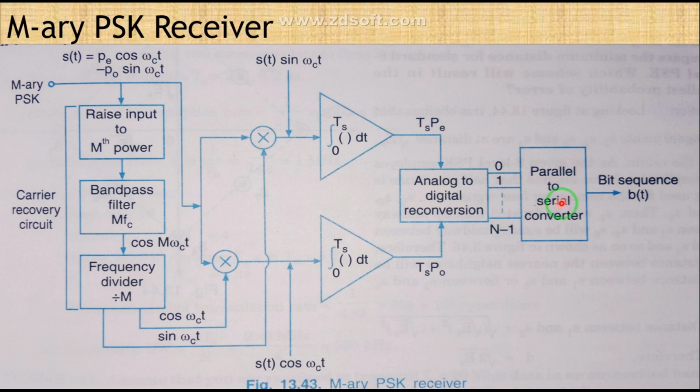This signal is converted again to the bit sequence which we have transmitted by using a parallel to serial converter. So if N equals 4, then 2 raised to 4 would be 16. And as we know, we will see that the bandwidth of this M-ary PSK is fB by 2, which we are going to see now.